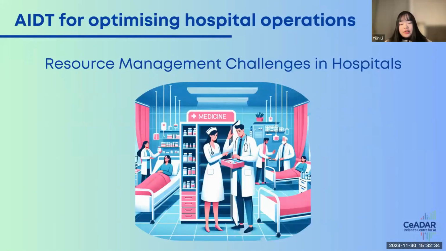So the hospital plays a key role in the delivery of critical services in the evolving healthcare sector. They face numerous challenges, including the urgent need to balance the growing demand for service with effective resource management.